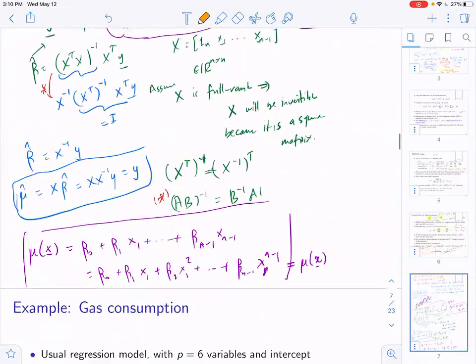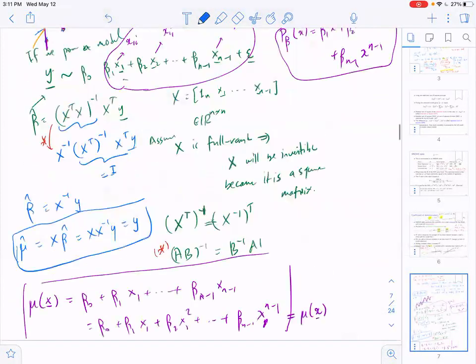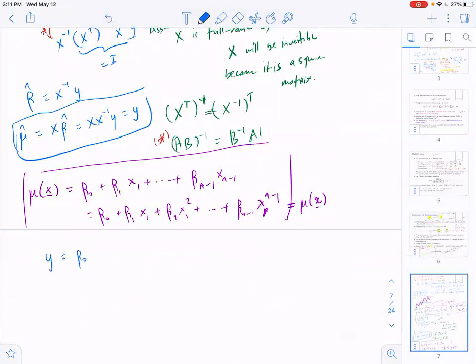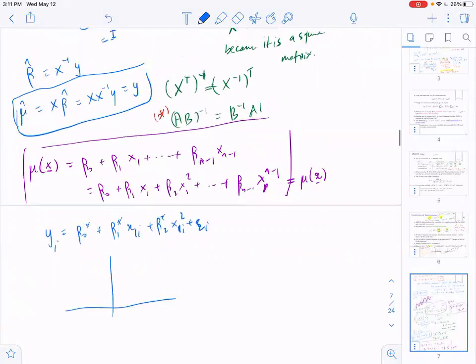It could be that your real data is generated from beta 0 star plus beta 1 star x1 plus beta 2 star x1 squared. So this could be how your data is actually generated. You would have a quadratic term and then the data is around this.